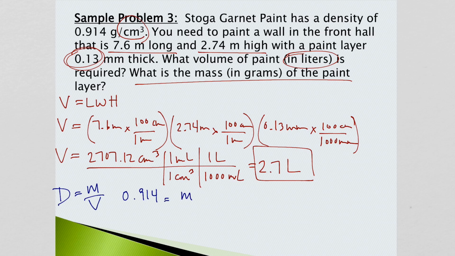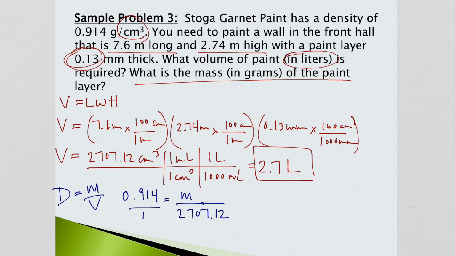We want the mass in grams, so we're in the correct unit, and we have the volume in centimeters cubed. And notice once again, I'm going to go back and use my full digits, not my rounded off answer, because this is not a final answer, since we're using it to get a different answer. So we don't take the 2.7, we take the raw number.